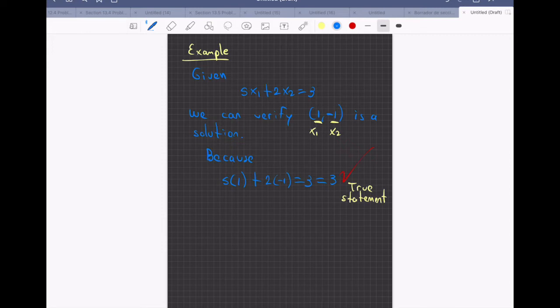But the first question for this is, think about this. How many solutions are there for one single linear equation in two variables?